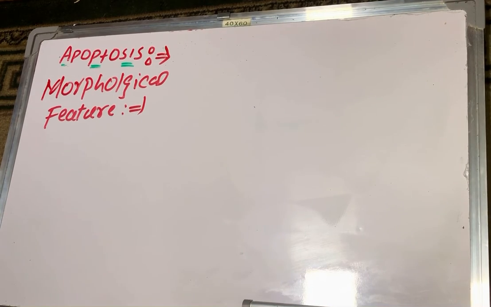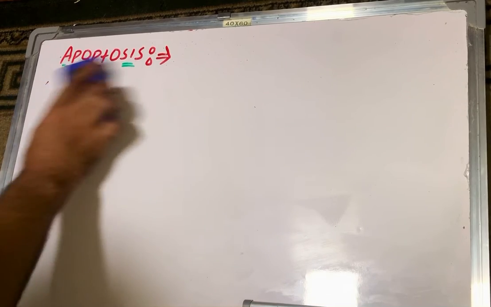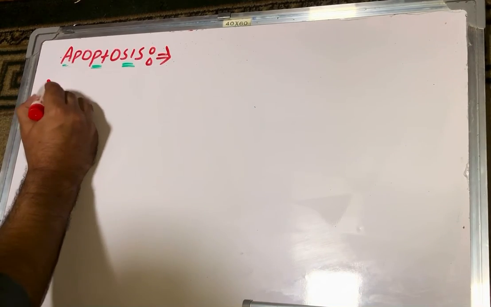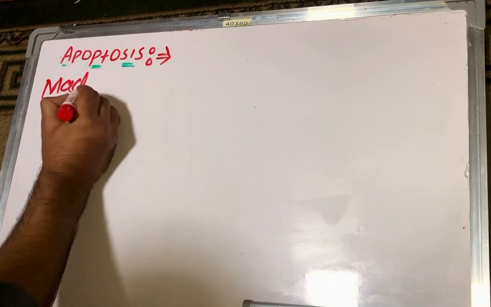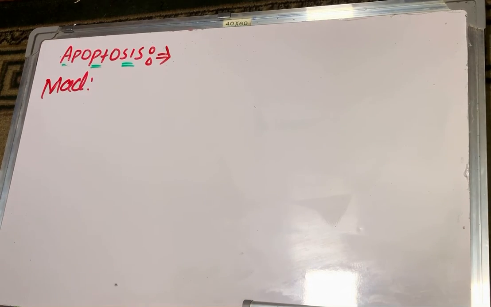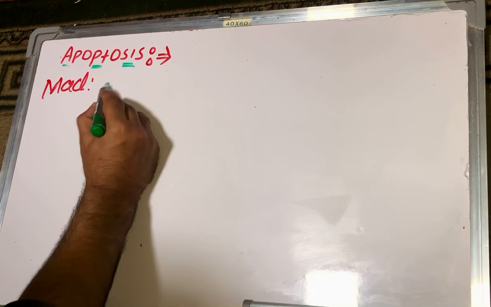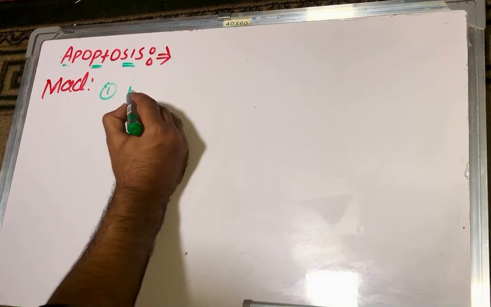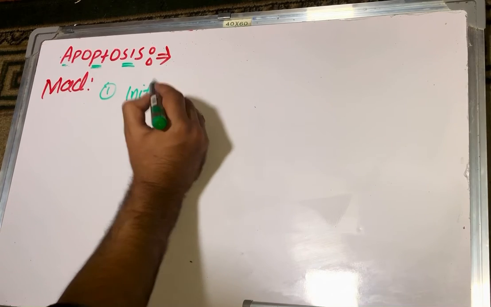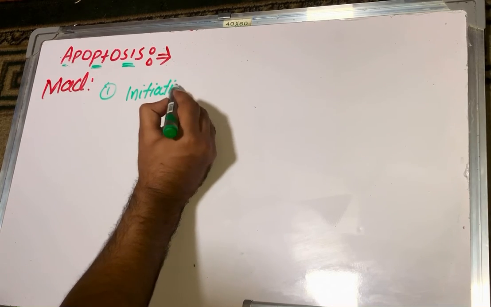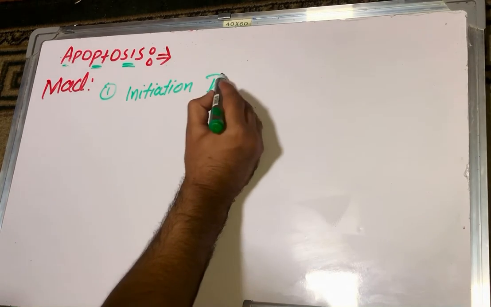What are the mechanisms of apoptosis? Remember, there are 3 phases in the process of apoptosis. Number first, initiation phase.